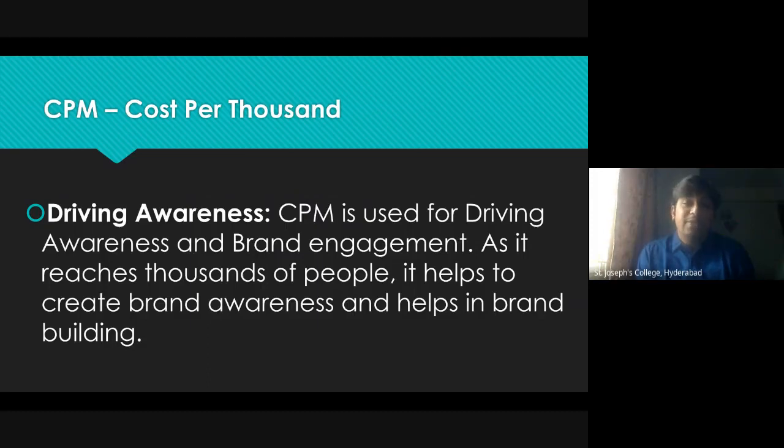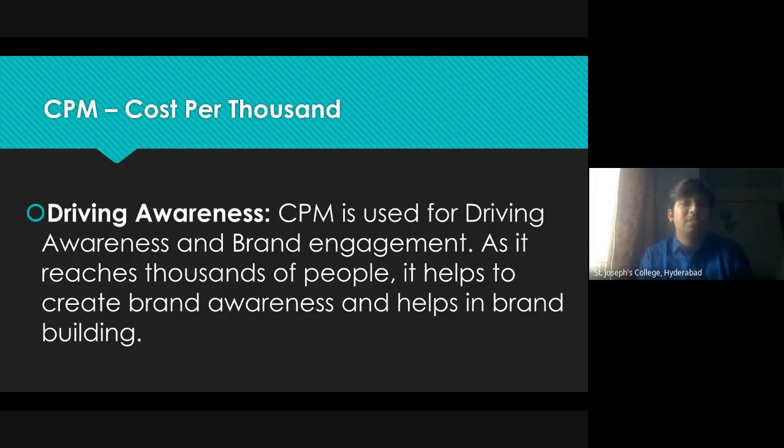The next one is driving awareness. CPM helps in driving awareness about your product. It tries to create that awareness, that brand building exercise that you always wanted to. As we all know, branding is so much important in marketing. Branding is so important that the customer would like to take well-known brands.